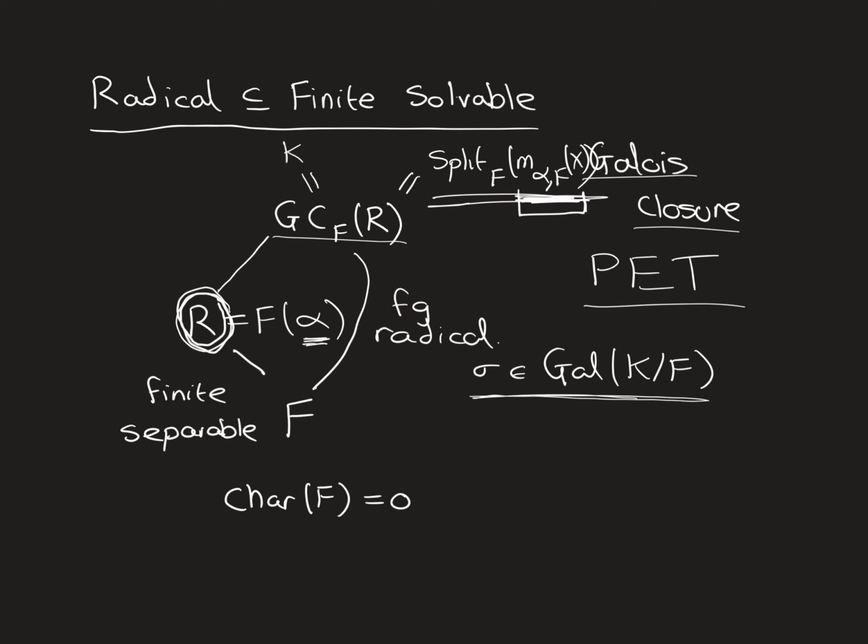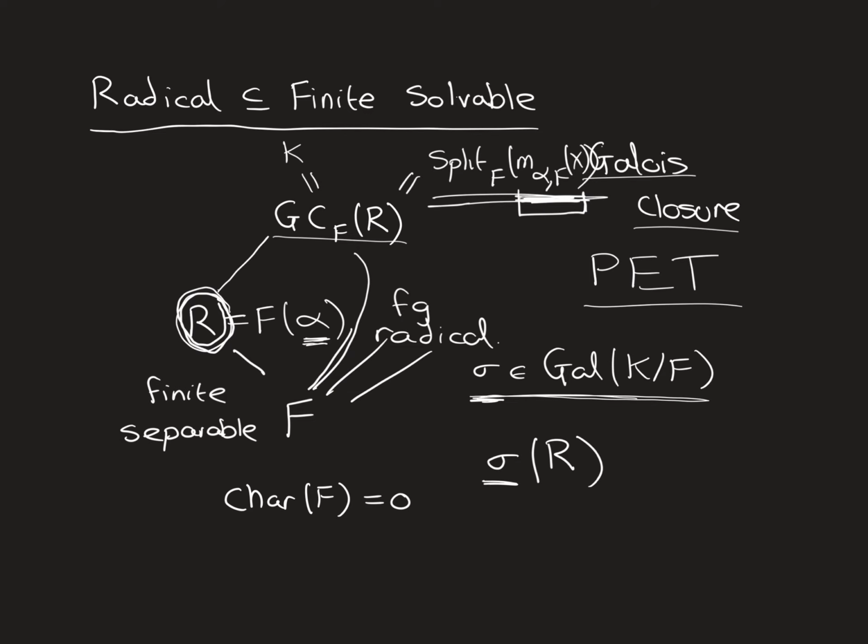And if you think about what the images of R are, so if I go over all of the automorphisms in the Galois group, so if I take sigma of R, and I let this vary over all of the elements of the Galois group, then I'm going to get lots of different subfields of K, the Galois closure of R over F, and they'll all be contained inside here.